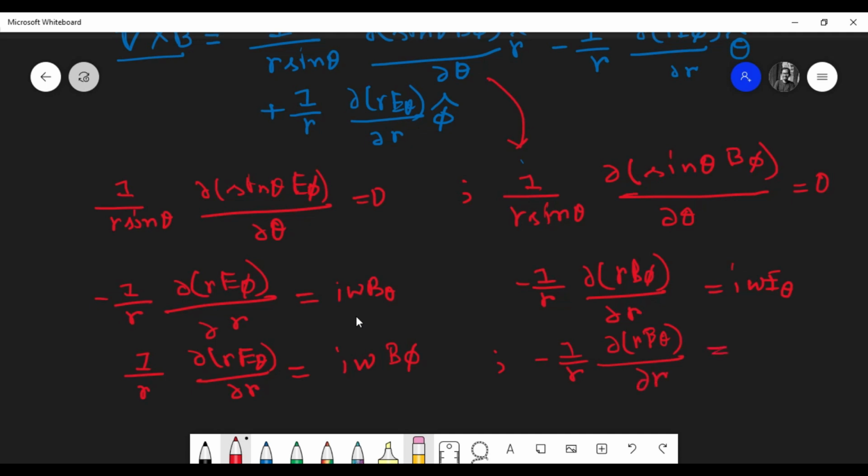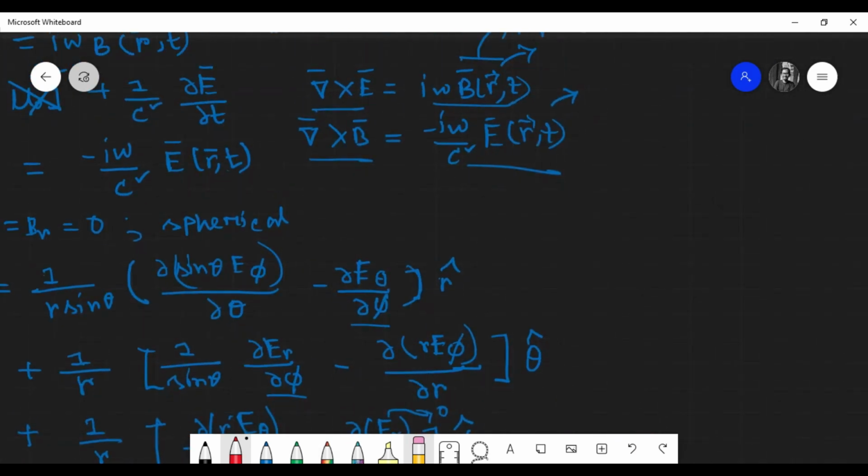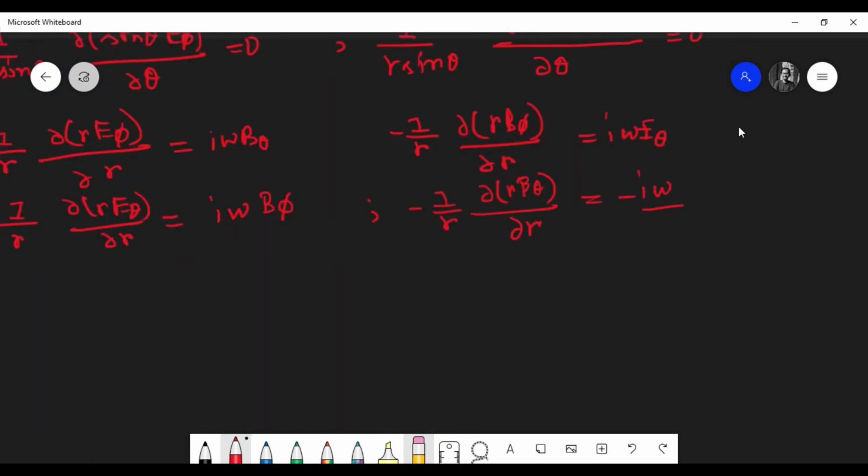And okay, let's see what's the Ampere-Maxwell equation. So there's an I omega over c squared, and there will be the phi component of the electric field. Oh, sorry, this would be also minus I omega over c squared.